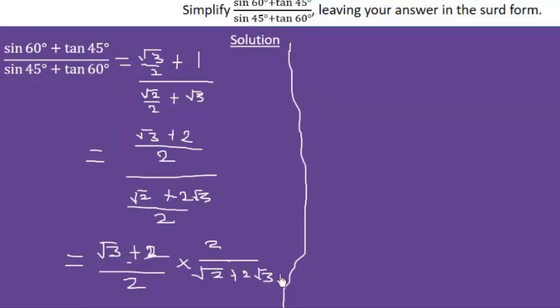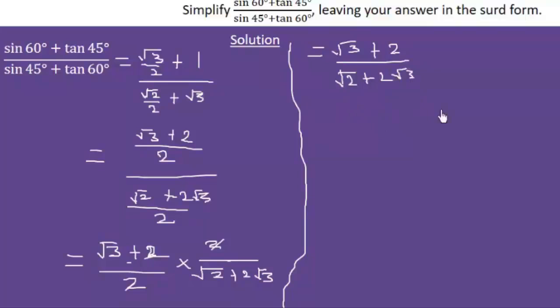So we continue. We don't leave it like this. So we simplify this to obtain root 3 plus 2 all over root 2 plus 2 root 3.